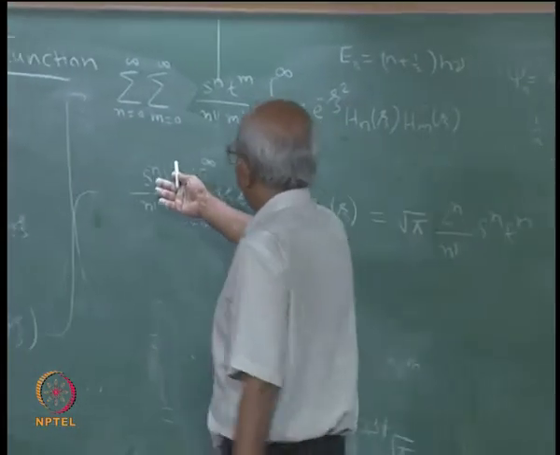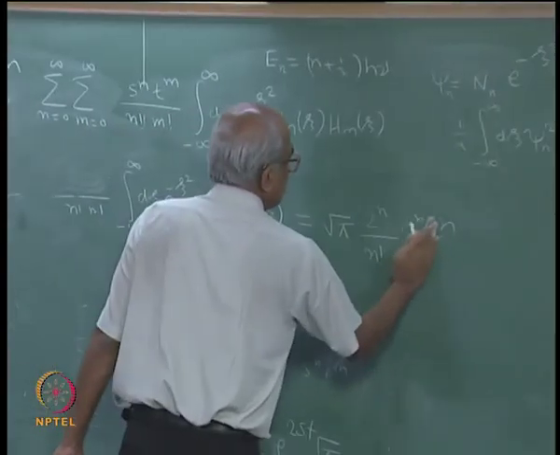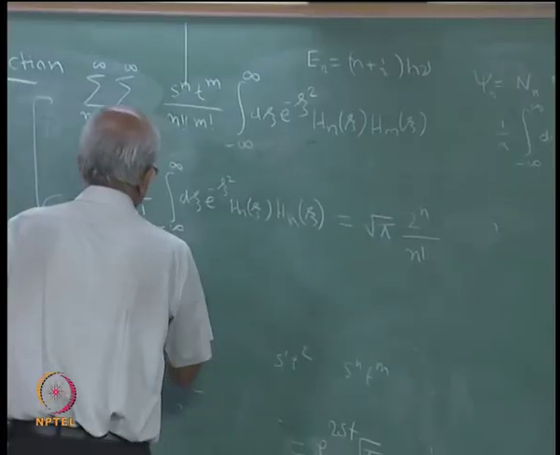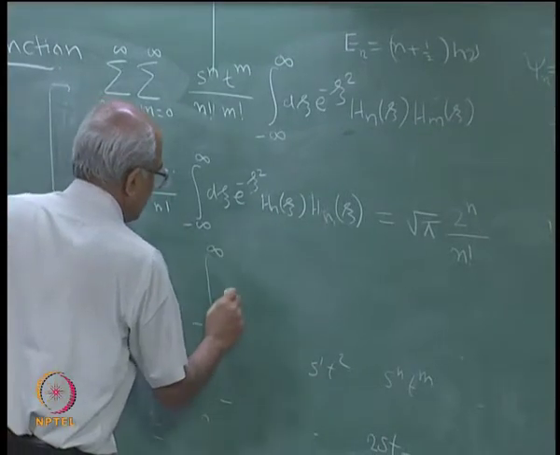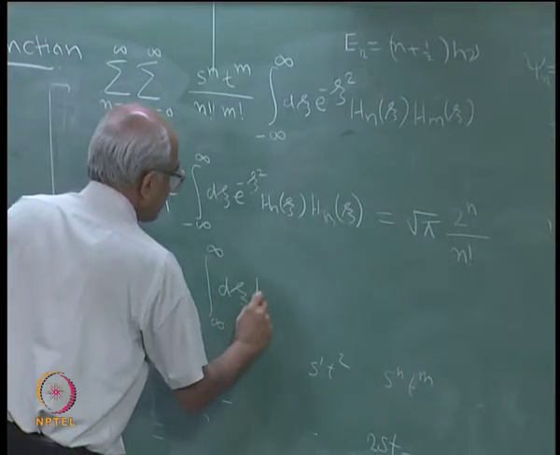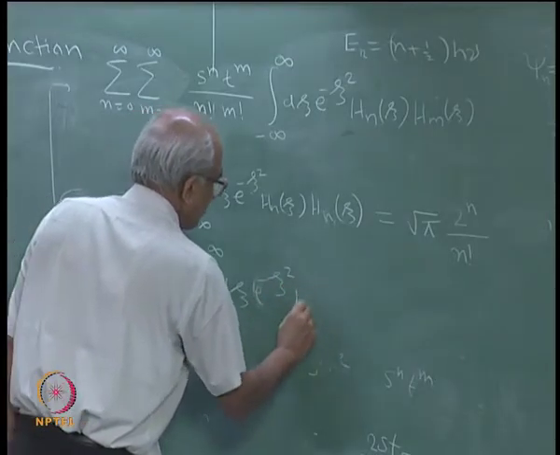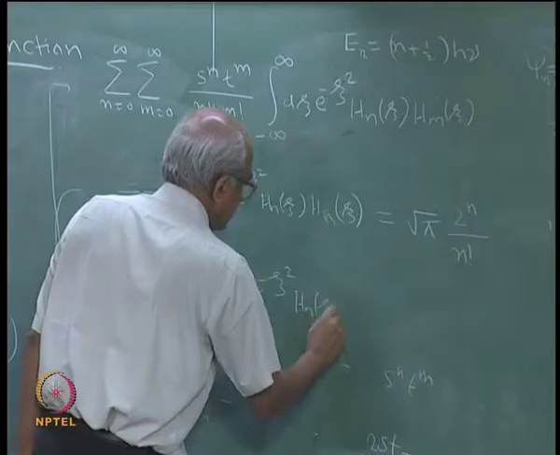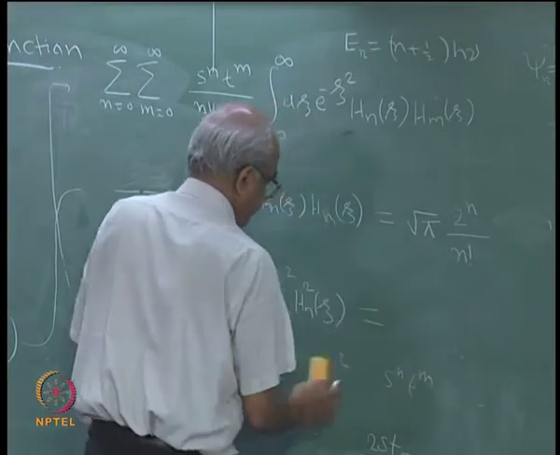So, you can actually remove s to the power of n t to the power of n, and so what do you find? You find the answer that you wanted, minus infinity to plus infinity dx e to the power of minus c square Hn c square is equal to how much?